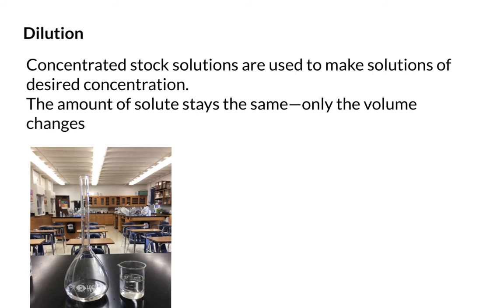In order to calculate these concentrations, we're going to use the following formula, which is the molarity of your stock solution times the volume of the stock that you're going to use is equal to the molarity of your desired concentration times the volume that you desired.